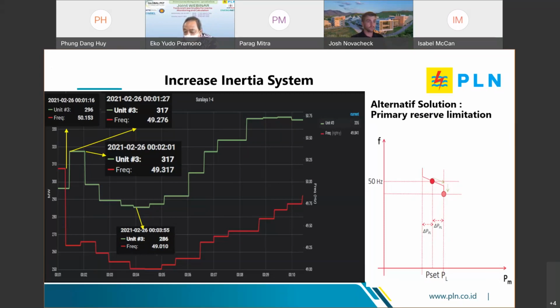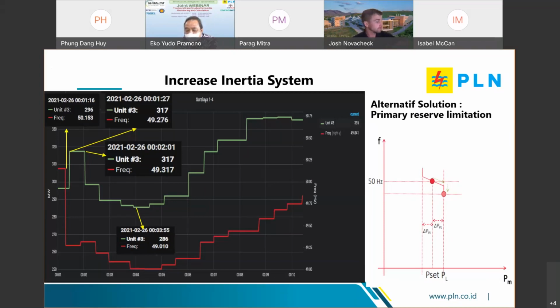This is the Suralaya governor free control response. It increased the load by 370 megawatt in 11 seconds.